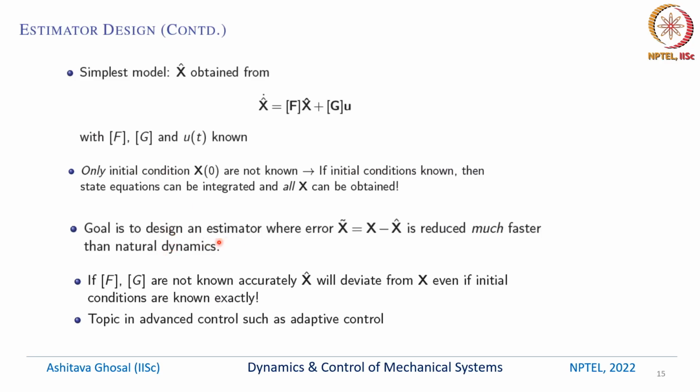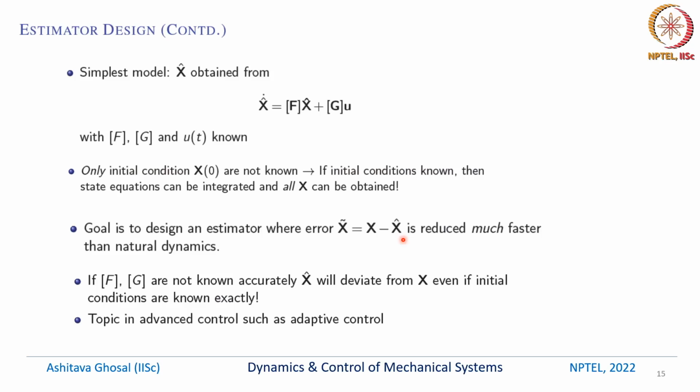So the goal is to design an estimator where the error, which is x minus x hat, is reduced much faster than the natural dynamics. We define a new variable x tilde, which is x minus x hat. We will design a system such that this x tilde goes to 0 very quickly, which means x hat will become x.